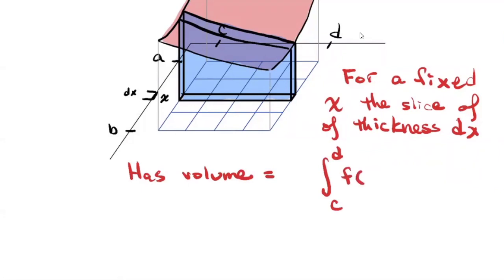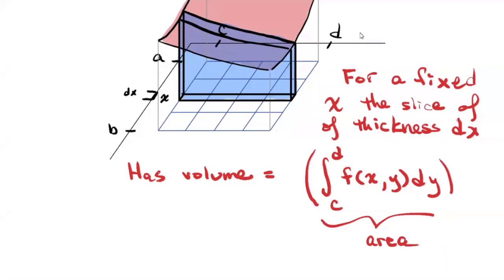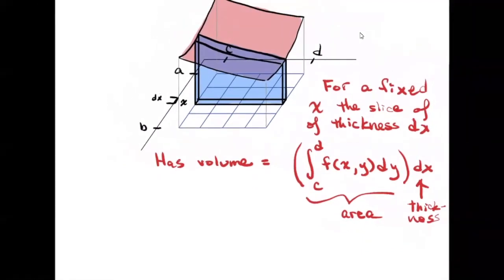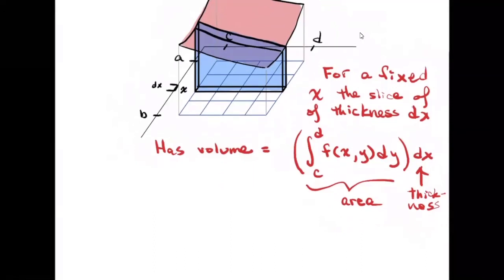And remember, x is just fixed. So the x is not a variable here. It's f of x y, which gives the height of the curve. And I'm just letting y vary. So this is the area. Okay. But I'm going to give it thickness dx. So we're just doing the area of one slice times its thickness.